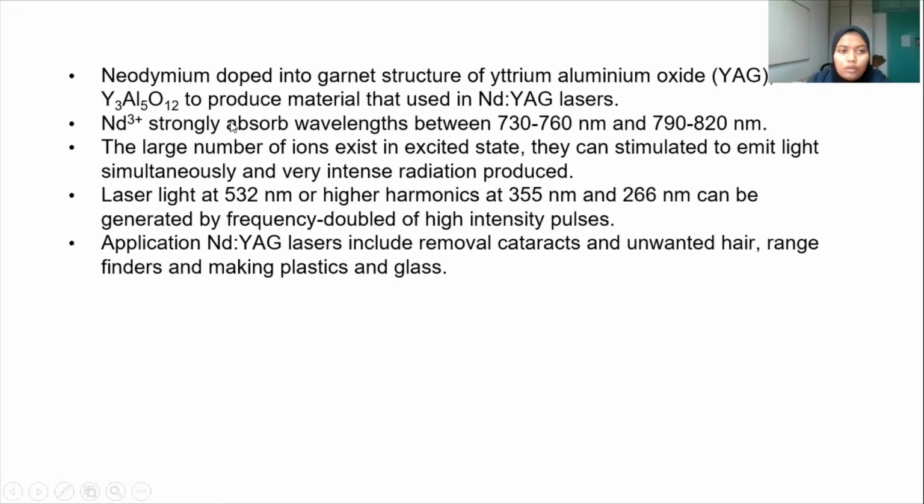Nd3+ strongly absorbs wavelengths between 730 and 760 nanometers, and also in the range 790 until 820 nanometers. A large number of ions exist in an excited state, and they can be stimulated to emit light simultaneously, so very intense radiation is produced.